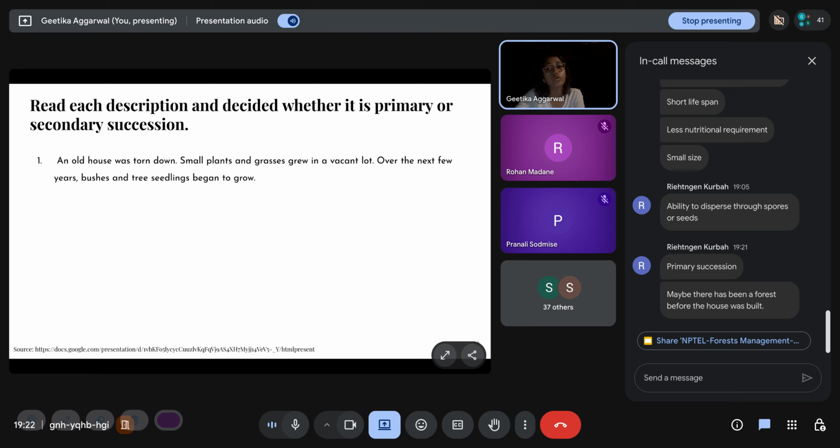And here they're saying that there was a house and the house got torn down, and now the lot is vacant. There's no house standing there, and there's fallow ground, and now there are small plants growing there, and eventually trees and bushes start growing. So why would that be a primary succession?